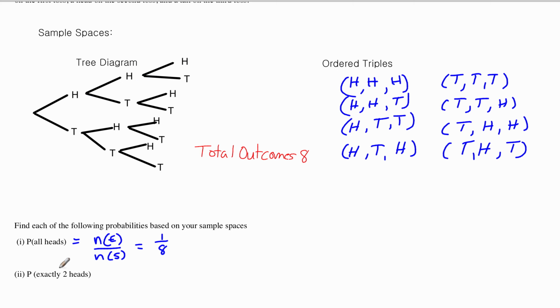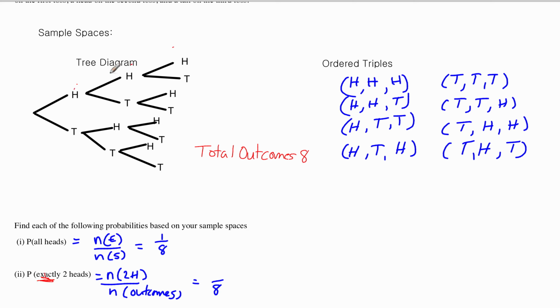All right, how many times did I get exactly 2 heads? Well, I'm looking for the number of times I got 2 heads over the number of my total outcomes. Well, my total outcomes, once again, we know are 8. So how many times did I get 2 heads? Exactly 2 heads. Well, right here I got 3 heads.